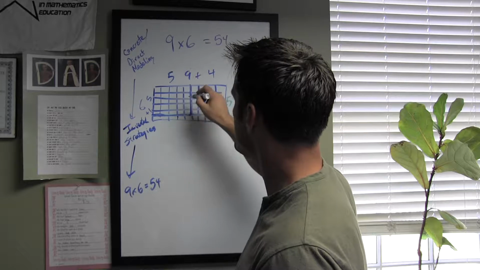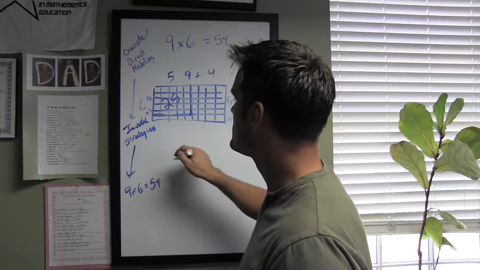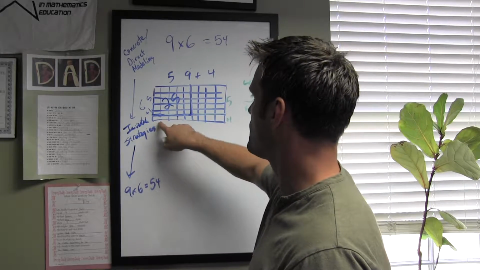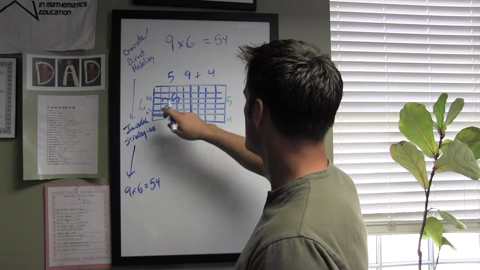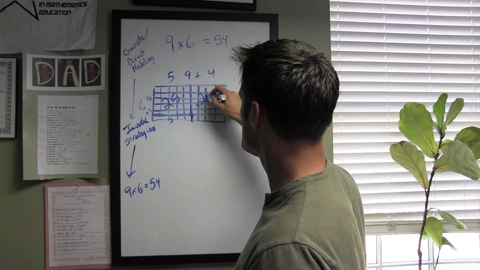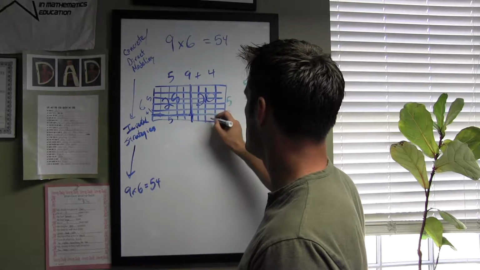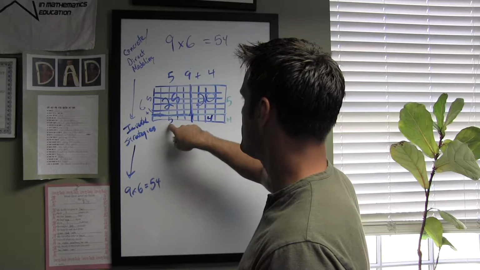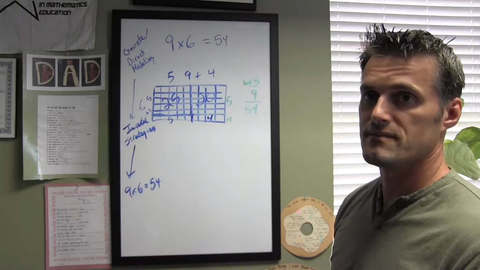So this is 5 times 5. Well, what's 5 times 5? 25, right? And the kid might know that one already. 5 times 1, this little strip down here, that's another 5. 5 times 4, that makes this 20. And 4 times 1 is 4. 25, 45, 50, 54. That can get me to 54 as well, right?